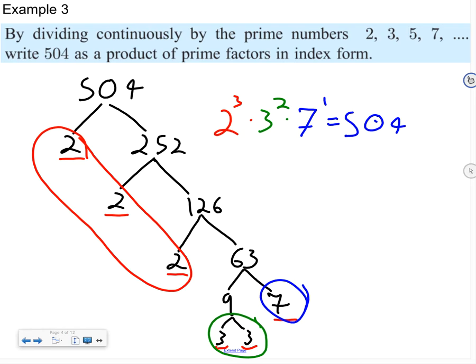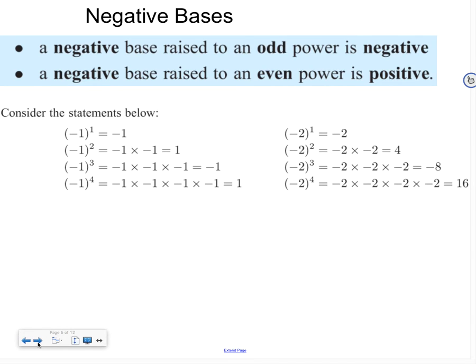Okay, so we can go to a next example here: negative bases. A negative base raised to an odd power is always negative. A negative base raised to an even power is positive. Often you learn that a negative times a negative, so negative 2 times negative 5, would be a positive 10.